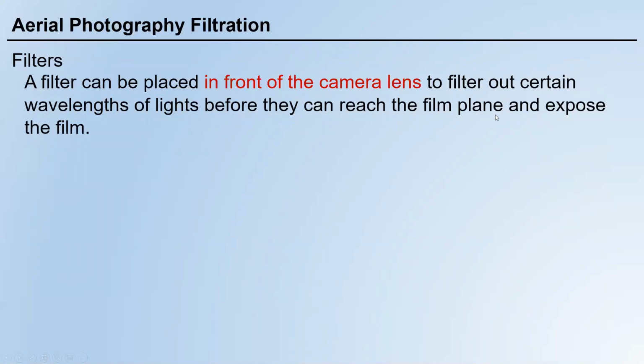So if we don't want blue light to reach the film, what filter should you use? You should use a yellow filter, because yellow is the complementary color of blue. A yellow filter will absorb, or filter out, blue light. After that filter, only green and red light remain, because the blue light has been filtered out, right?